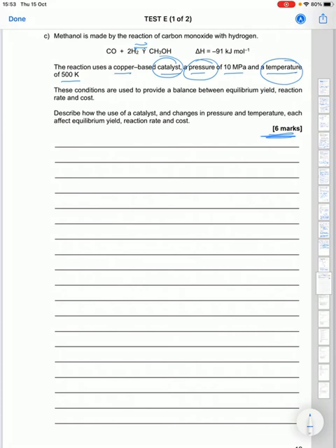Each one of those, I reckon, is going to be worth 2 marks. These conditions are used to provide a balance between, so I've got to talk about equilibria, which is the yield, the rate, and the cost. So, catalyst, pressure and temperature; yield, rate, and cost. Okay.